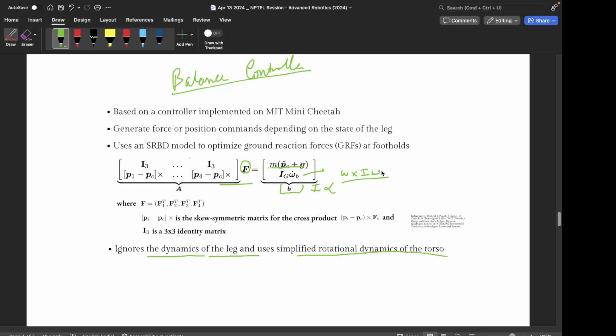So the goal of the optimizer is to choose forces such that this dynamics is satisfied, and this B term is achieved. This is the dynamics, this is the force, and the vector B here basically has the required forces and moments that are needed on the torso.